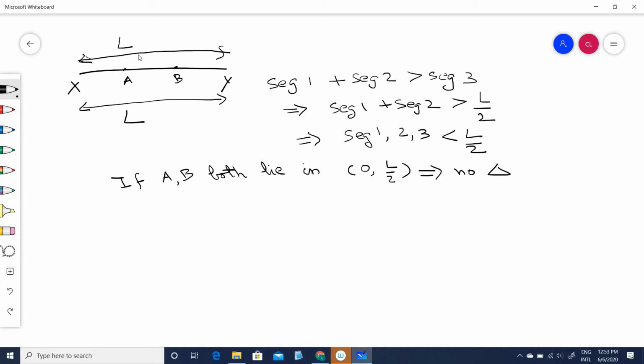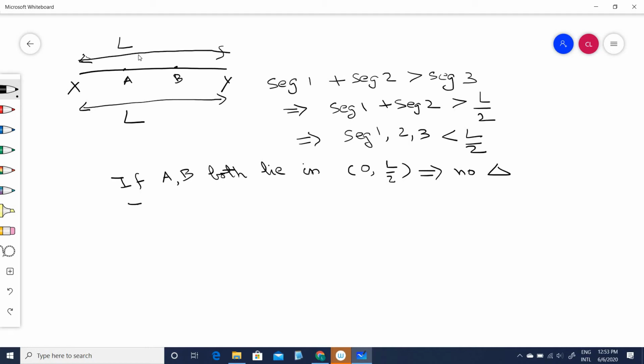Because if both A and B lie in 0, L by 2, it means XA and AB together will have a length less than L by 2, which violates this condition.